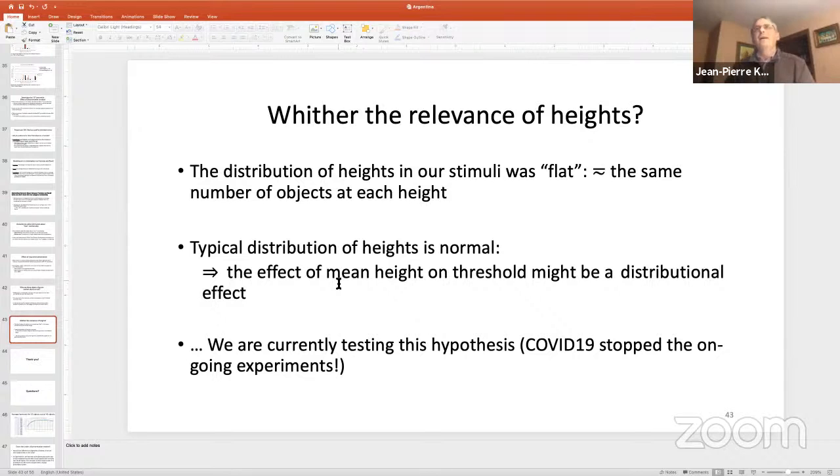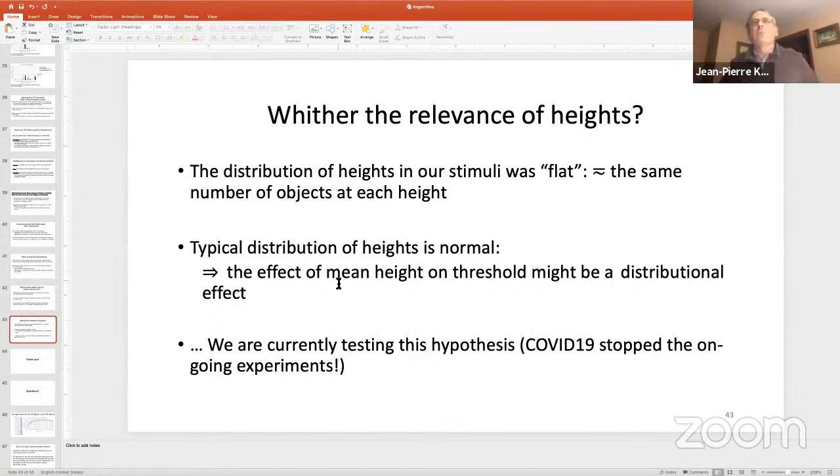If you are worried that height does not figure at all in where the threshold for a scalar adjective is located, you say, well, that's kind of weird. Remember that the distribution of our stimuli was flat, which is pretty much as if there was the same number of objects at each degree of height, which is totally abnormal in the real world.